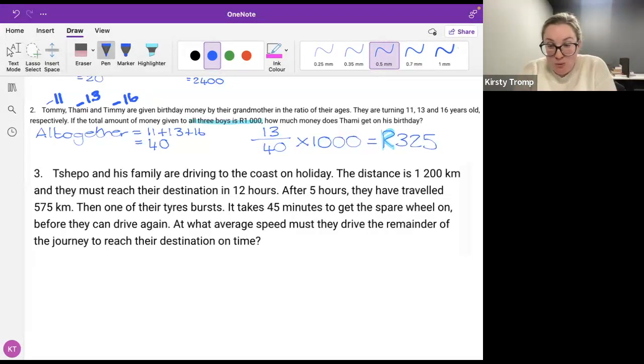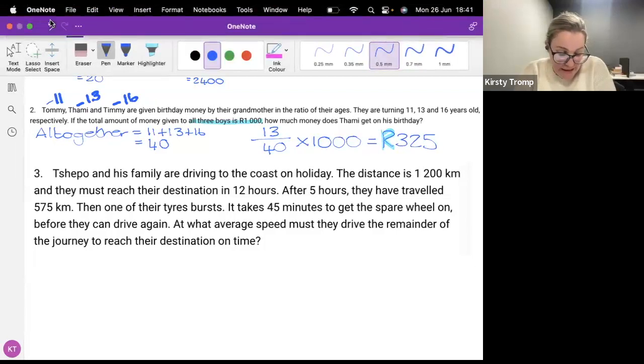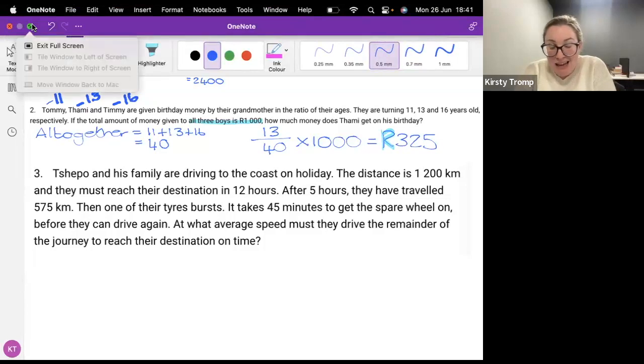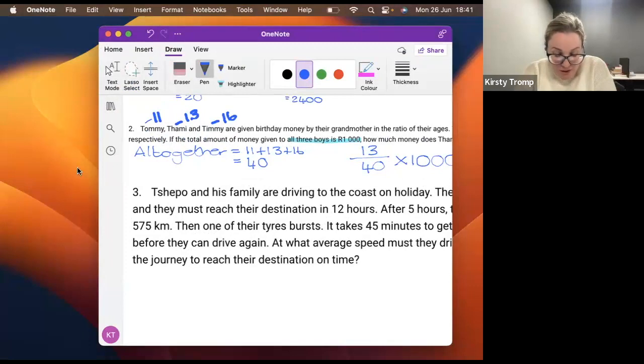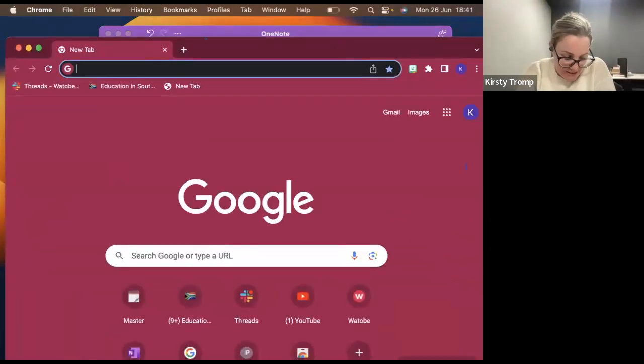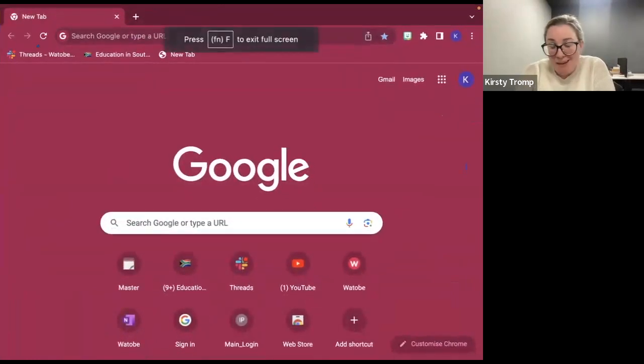Some of you might already know how to do this, but I thought it would be a really great brain break for you tonight to not have to do some extra maths, but to actually see how you can find Watobe's videos on YouTube. So I'm going to bring my screen across for you guys. Keep thinking about that question in the meantime. Let it simmer in the back of your mind.